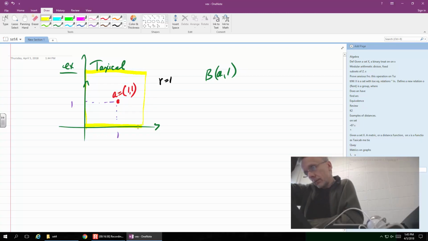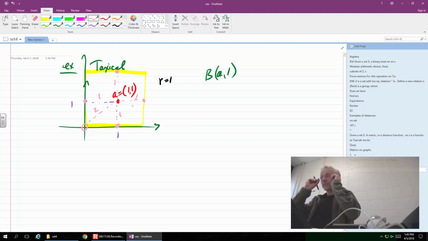Well, what is the distance to this? So this is 2, right? So that it's certainly not there, but this yes. These two are good because they have a distance of 1. So this is 1 and this is 1. All of these 1s, but the corners are not in.